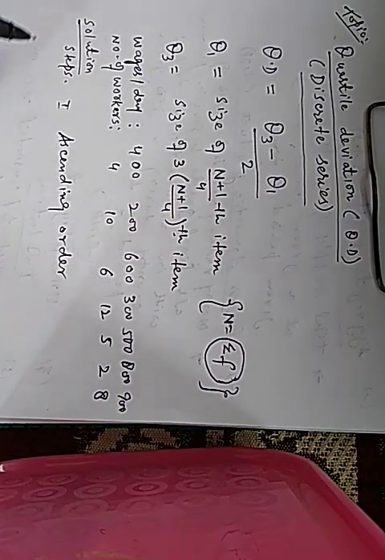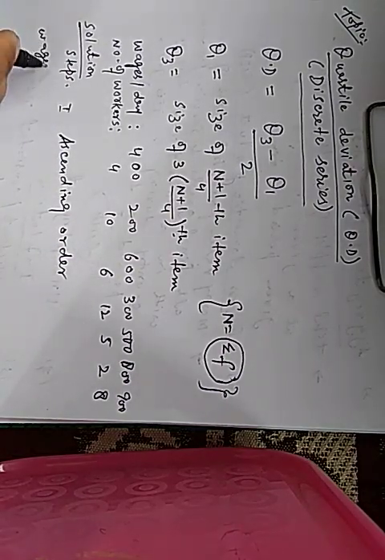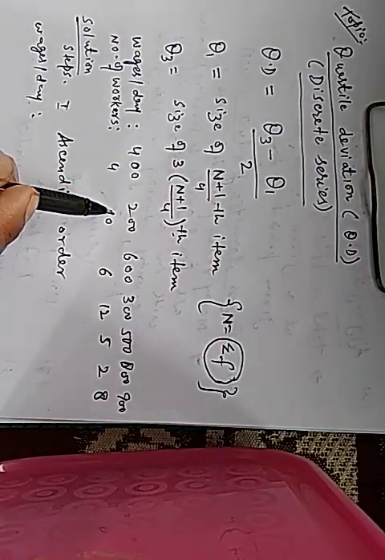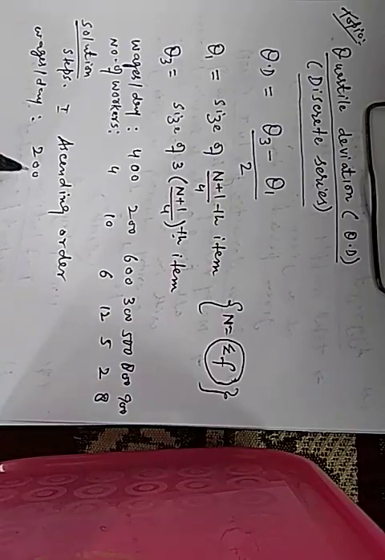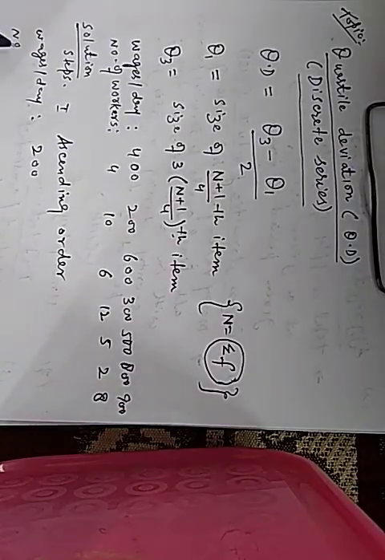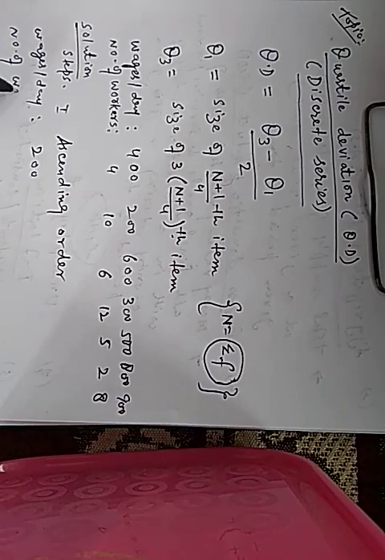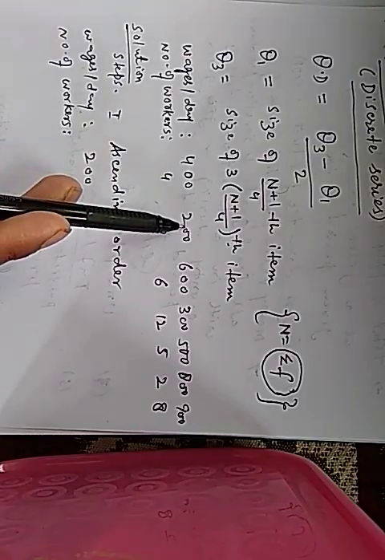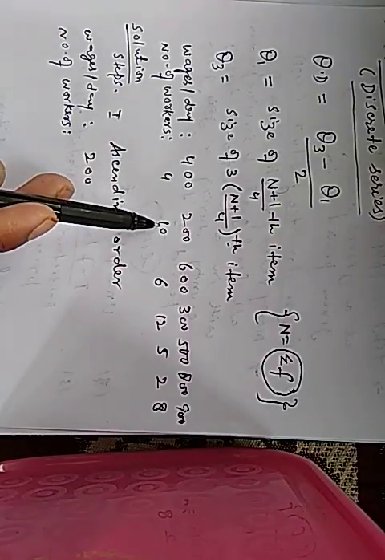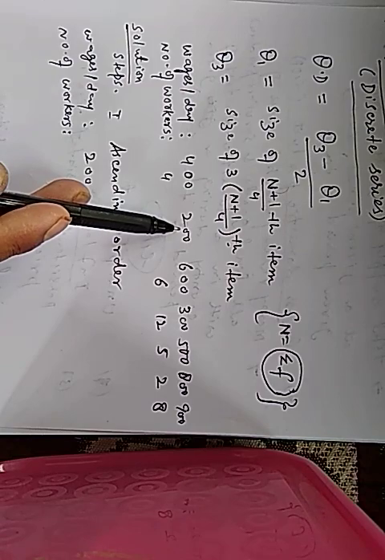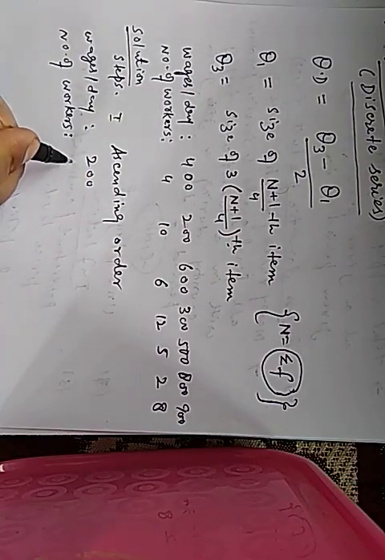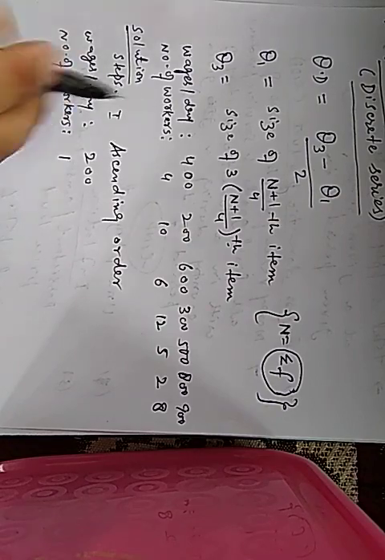The values will be 200. Here we will write number of workers. The wage rate is 200 and the number of persons who get this wage rate per day is 10, 10 workers.